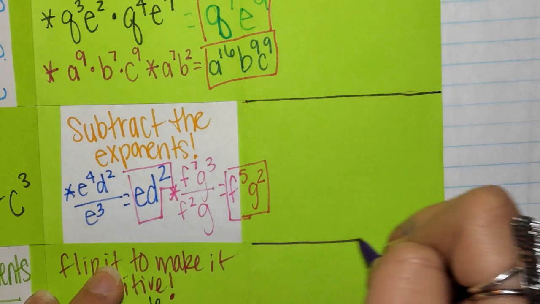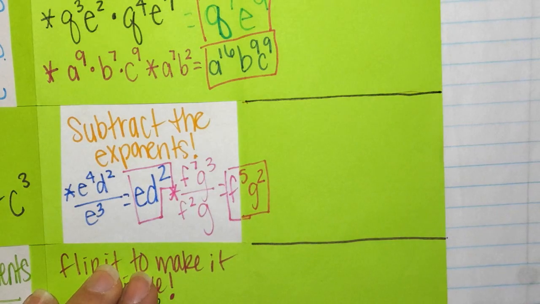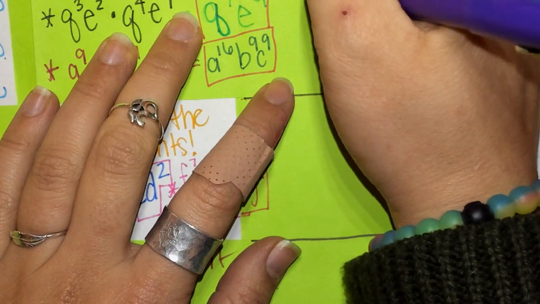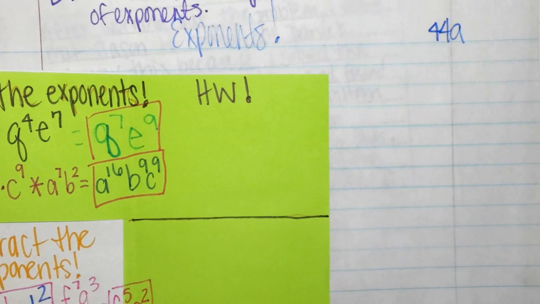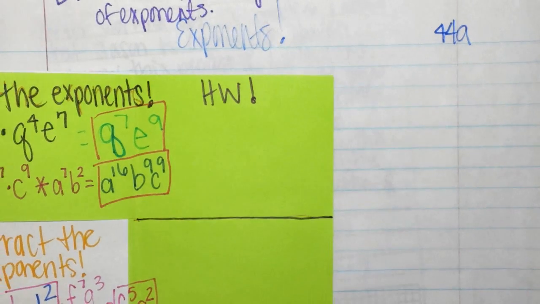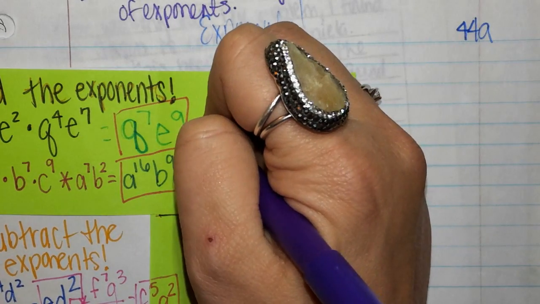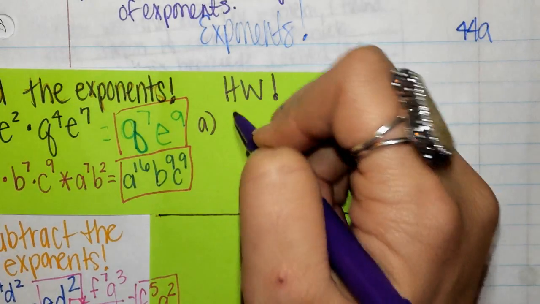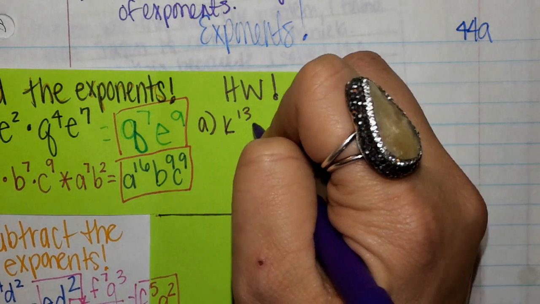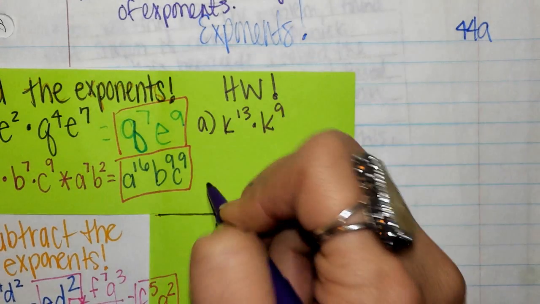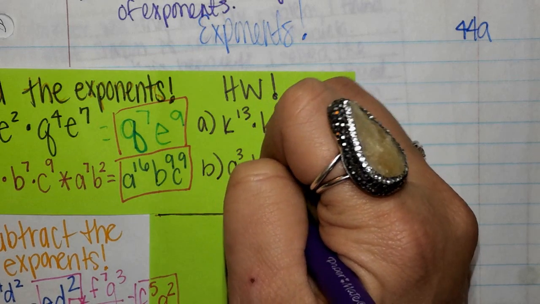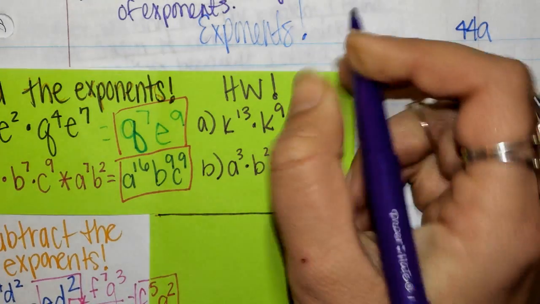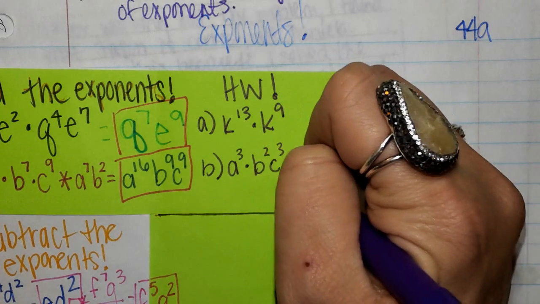Alright, homework. You're going to have 2 in each section. Alright. Your first one up here.